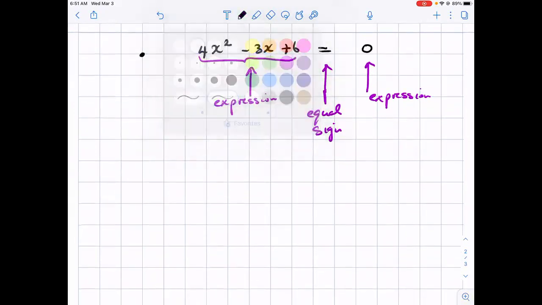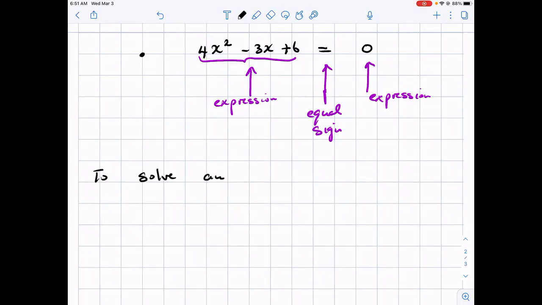So our goal is to solve these equations. So what do we mean to solve? Well, to solve an equation in X means to find the value or values for X for which the equation is true, meaning the left side is equal to the right side if you plug your answer back in.